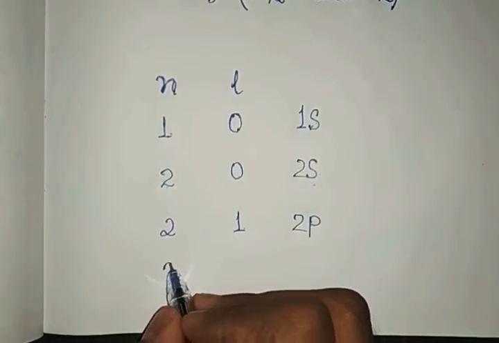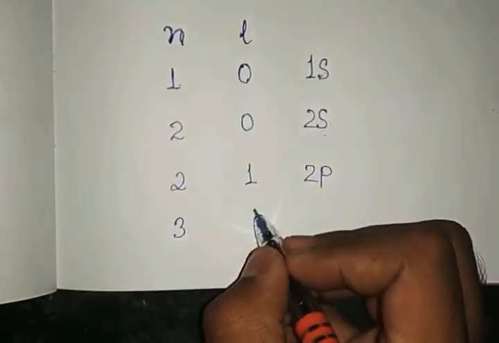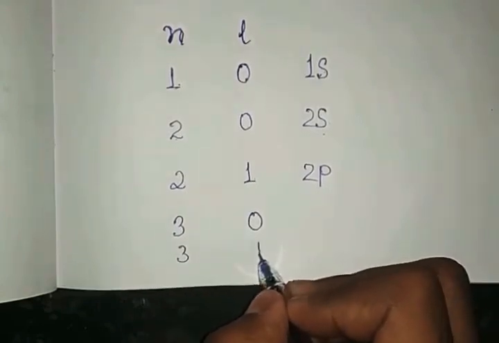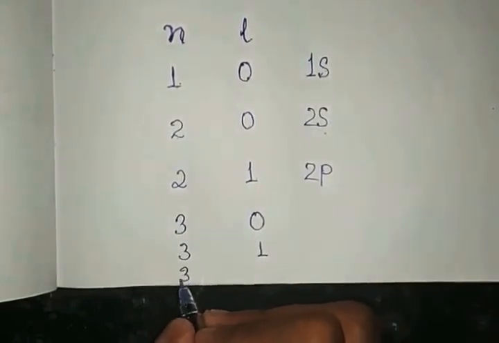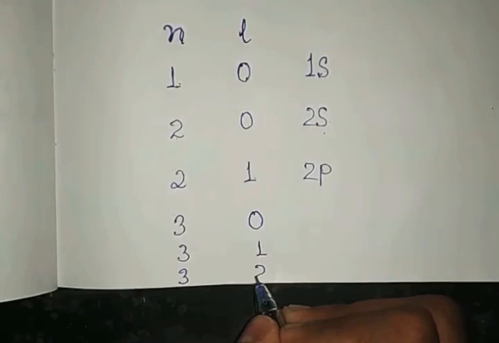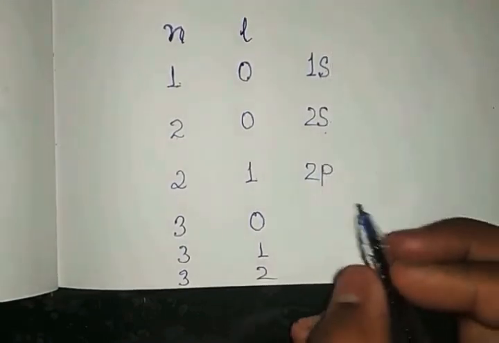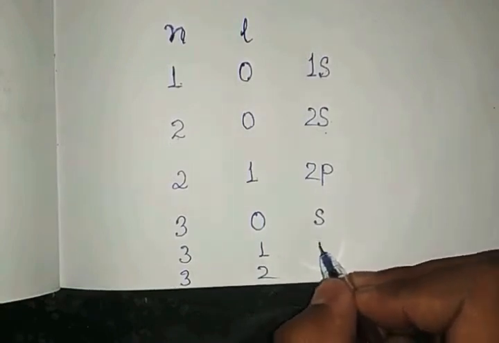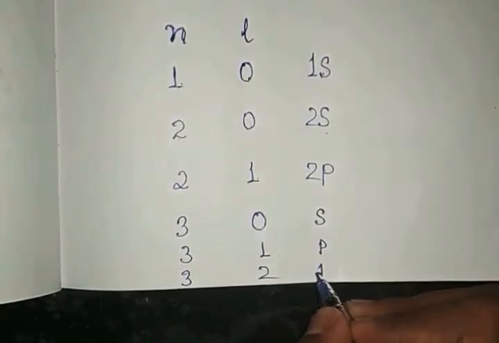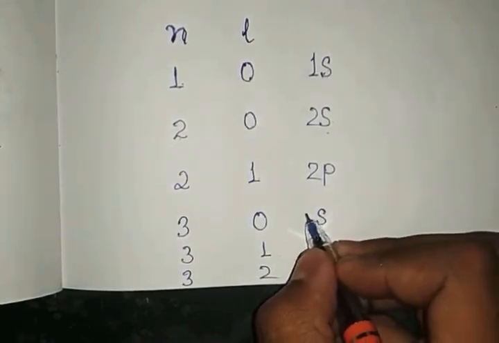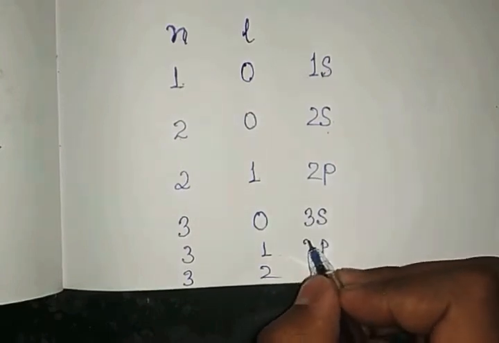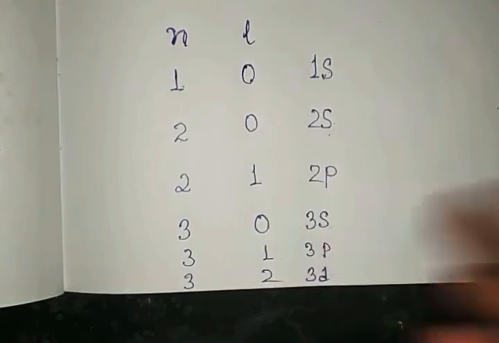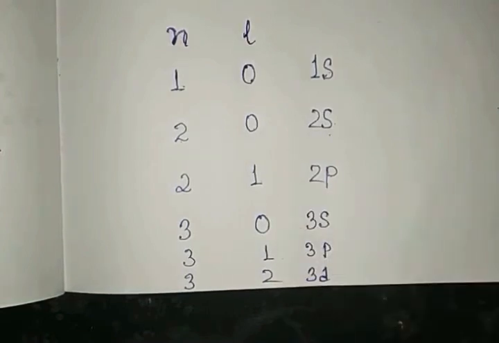Similarly, when n is 3, L can have the values 0, 1, and 2. Then, as I have already shown you, when the value is 0, it will be S. When the value is 1, it will be P. When the value is 2, it will be D. Then here, it will be 3S, 3P, and 3D. And so on. In this way, it continues.